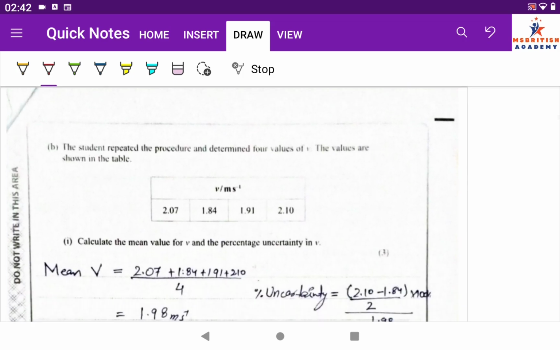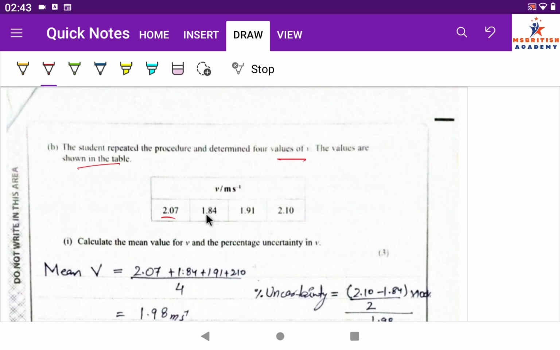Now question number B. The student repeated the procedure and determined four values of v. The values are shown in the table. In the first attempt he found 2.07.